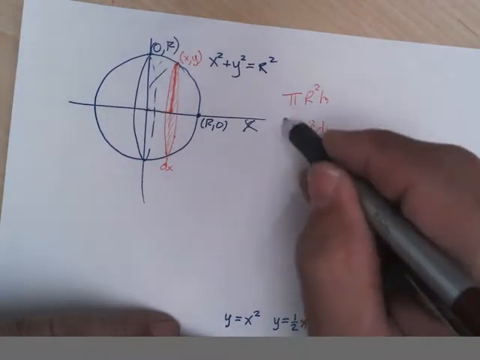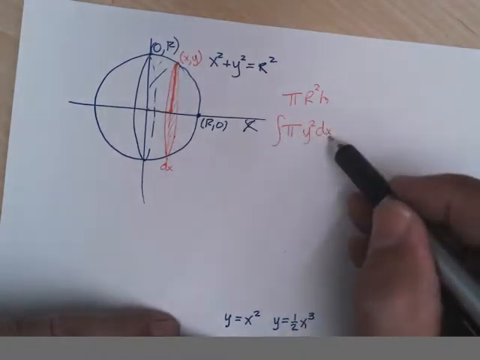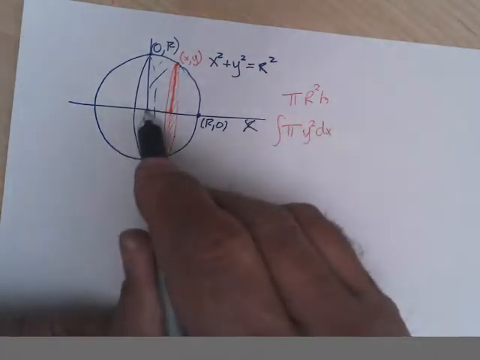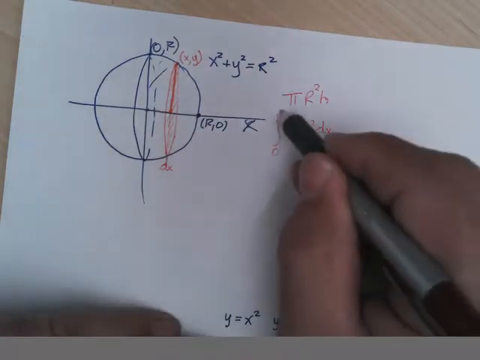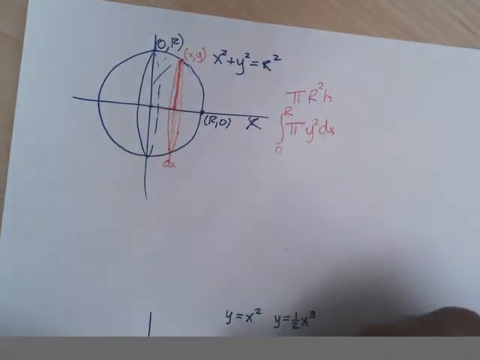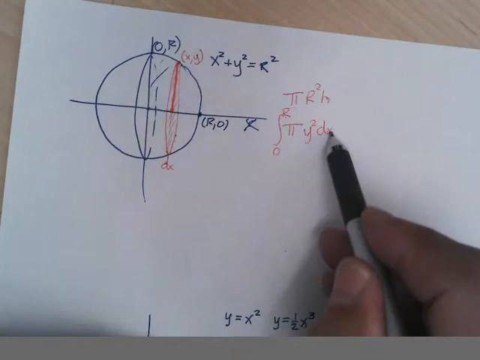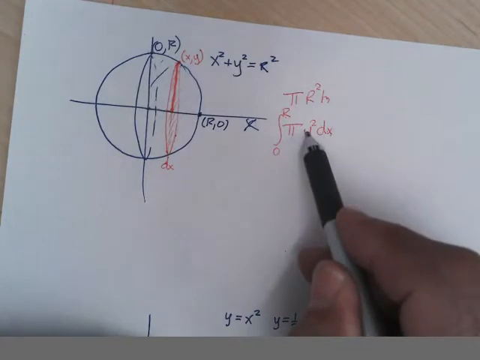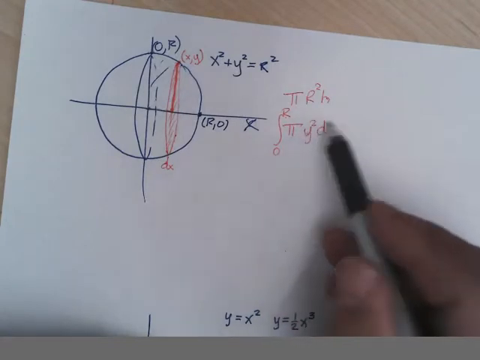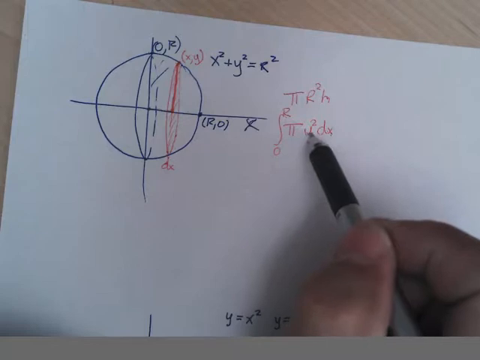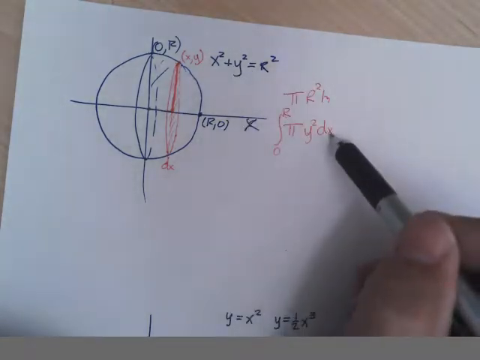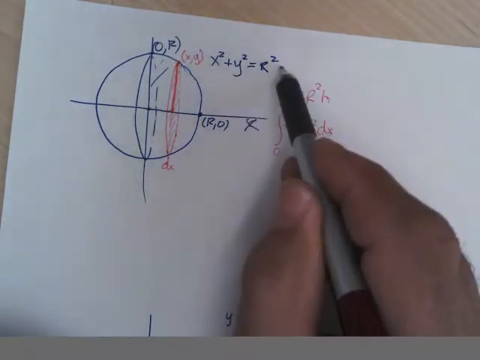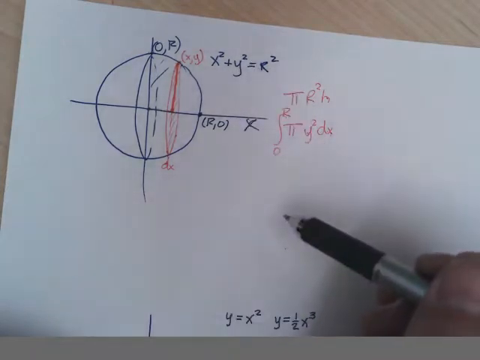And I want to add all of these up. Now I'm going in dx, and so my x is going to go from 0 to capital R. But it's x, and I've got y in here. So now I have to replace the y squared with what it's equal to, and it has to have x's in it. Well, if I subtract x squared, that's what y squared is.